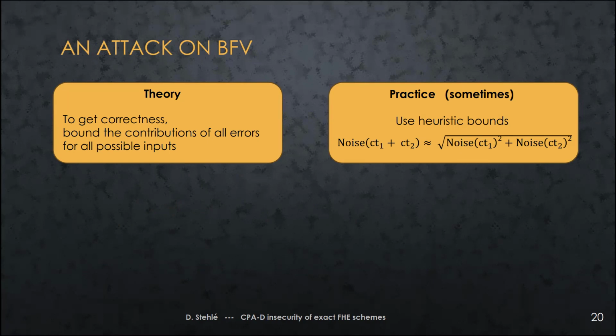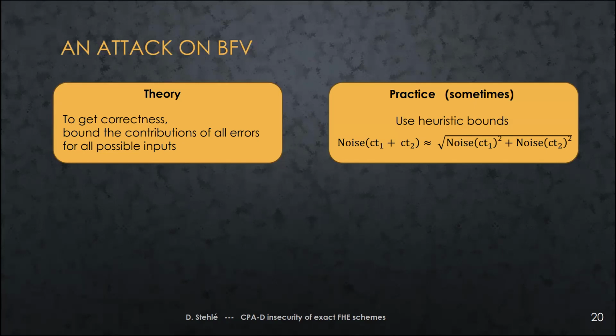Let's say I have some noise in CT1 and some noise in CT2. In the worst case, this noise can be added. On average, we would expect that it's not really added, because we take two independent Gaussians, we sum them, and then the standard deviation doesn't grow as much as the triangular inequality.